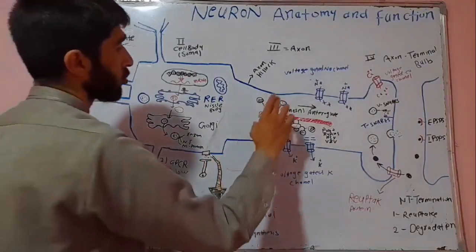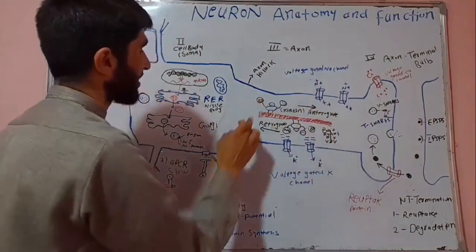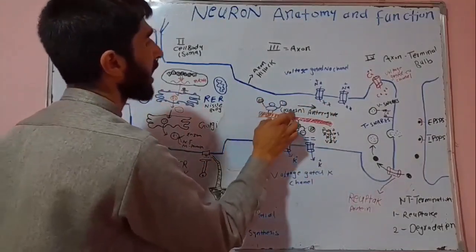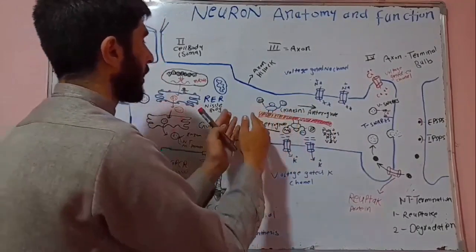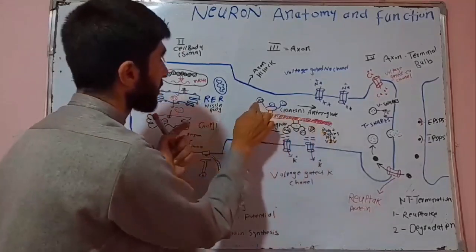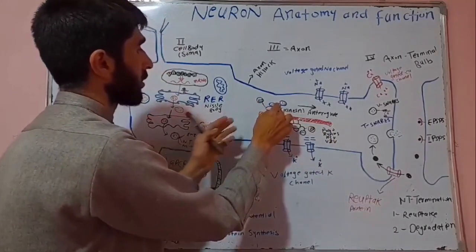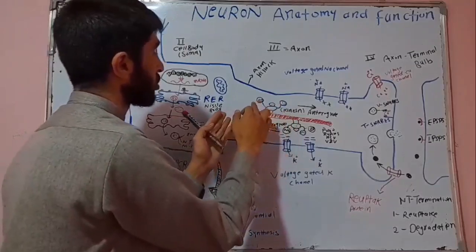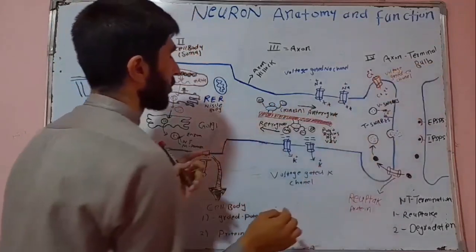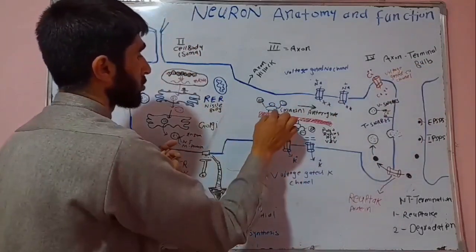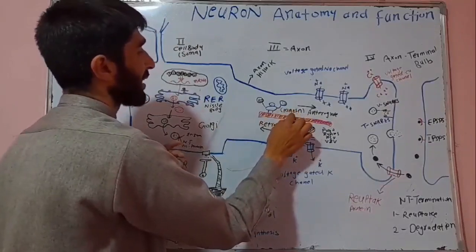Within the axon, there are also some changes that occur. Let's see this doll by the name of kinesin. This doll will transport some mitochondria and some vesicles towards the axon terminal bulb. So this protein is called kinesin.